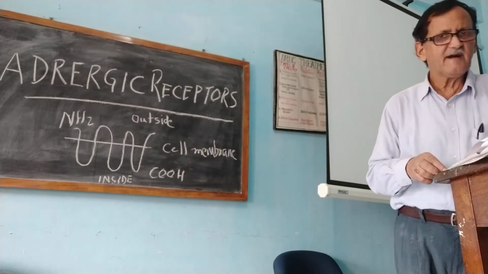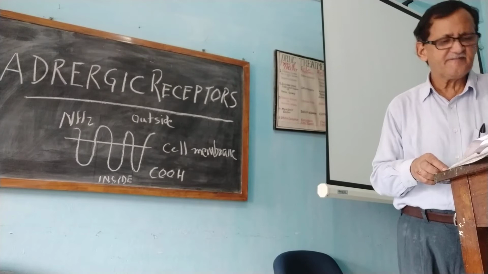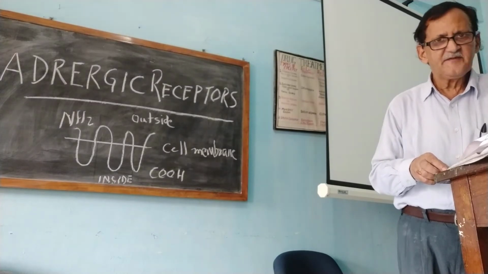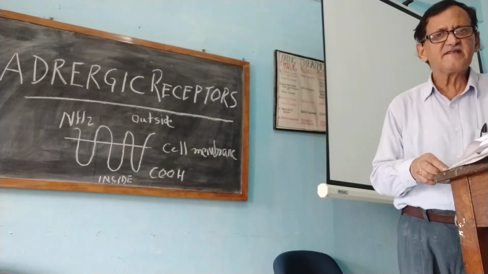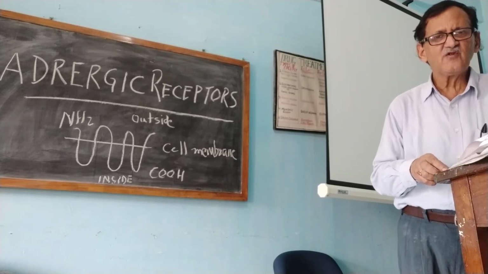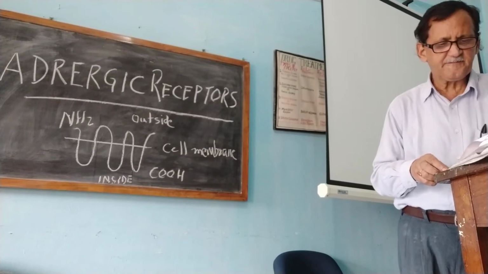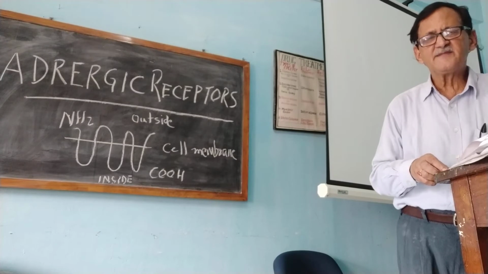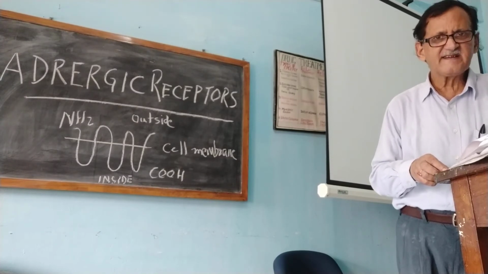Now we come to the specific receptors, and we will start with the alpha 1 receptor. Alpha 1 receptor, the site or location, is mainly postsynaptic. That is, it is present on the effector cells or effector organs.